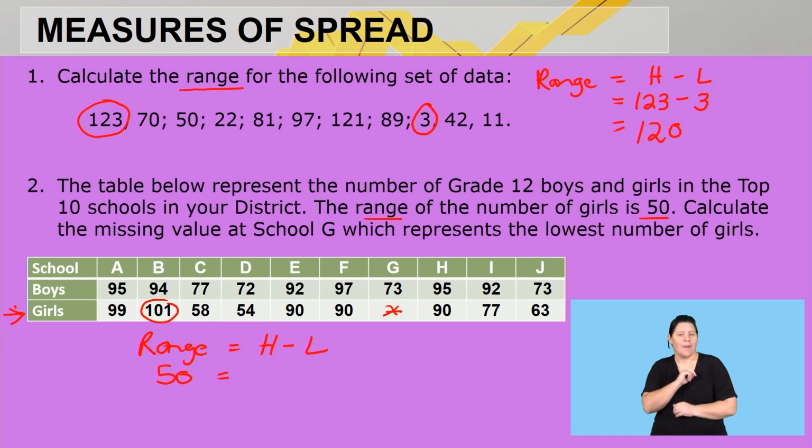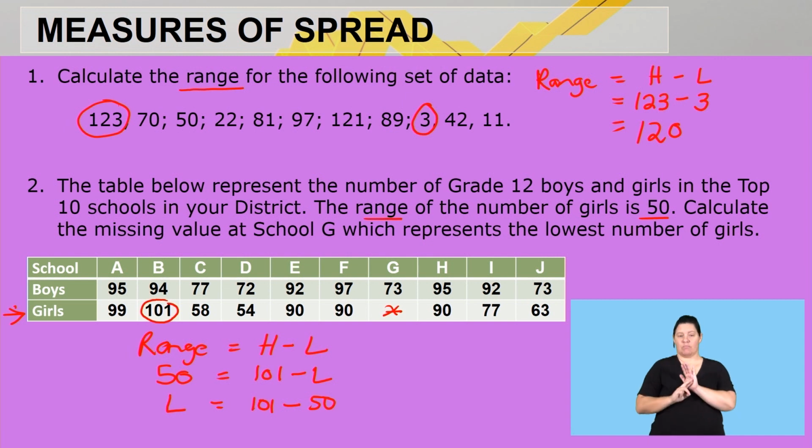Why am I doing this? Because my formula is asking for the highest value. So therefore I'm going to substitute the highest value, 101. Do I know what the lowest value is? No, I'm looking for the lowest value. So therefore I'm going to keep it as L. So now I'm going to change the subject of the formula. I'm looking for the lowest value. So I'm going to say L equals 101 minus 50.